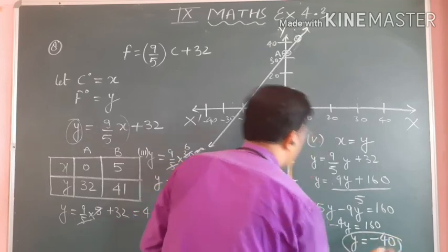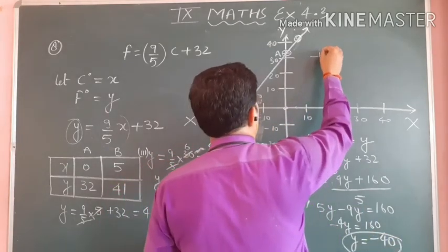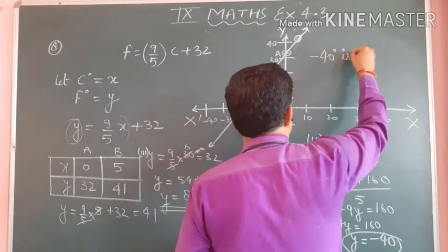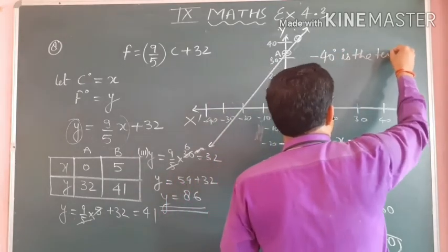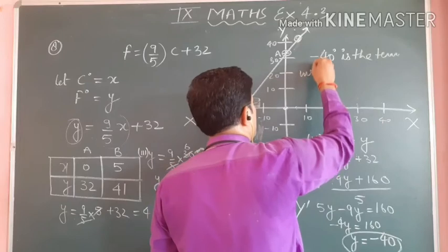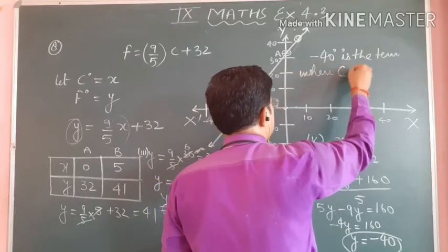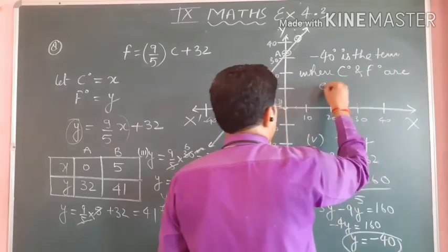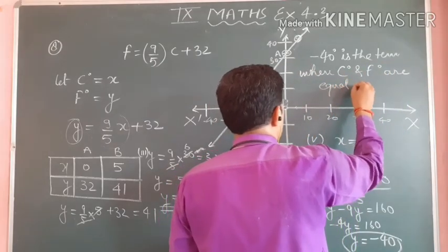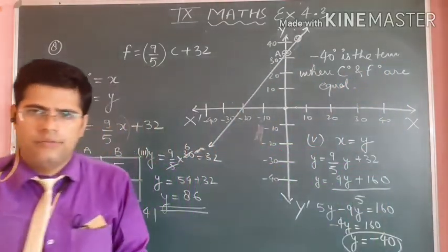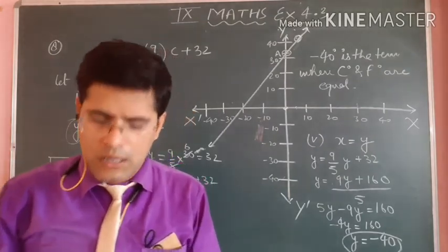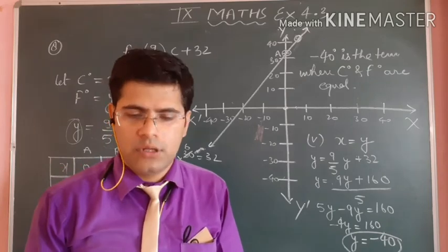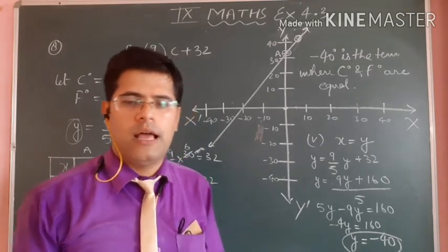So minus 40 degrees is the temperature where Celsius and Fahrenheit are equal. It means when we put Fahrenheit and Celsius equal, then we have to take minus 40 in both. When we take minus 40 in both, the LHS will be equal to the RHS.